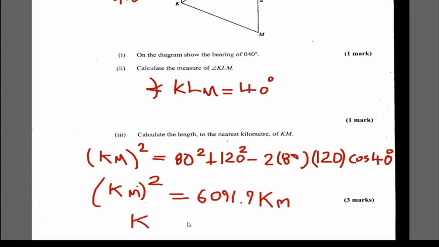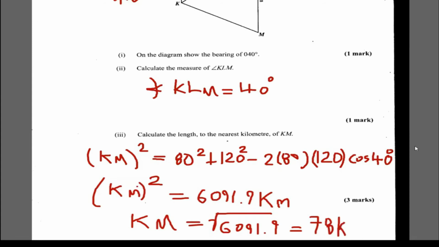KM is the square root of 6,091.9, which is 78. And so KM is 78 kilometers. Nice, this is a nice question.